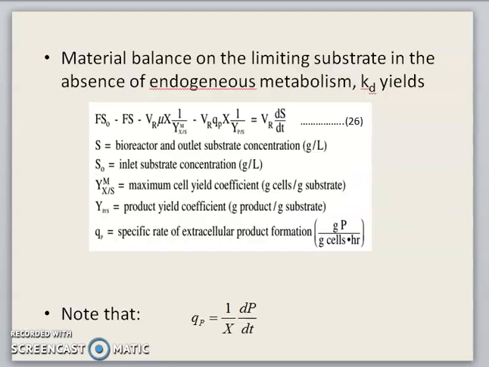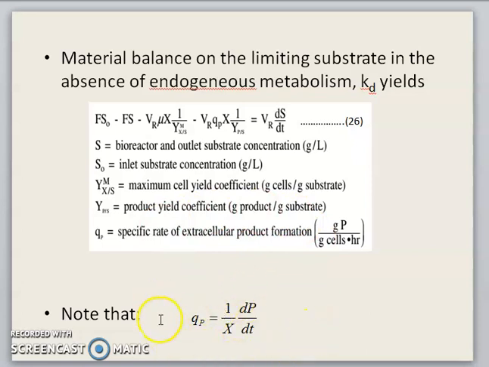Next, the material balance on the limiting substrate in the absence of endogenous metabolism, Kd, will yield equation 26 here. Note that Qp is equivalent to 1 over x dp dt, the specific rate of extracellular product formation.